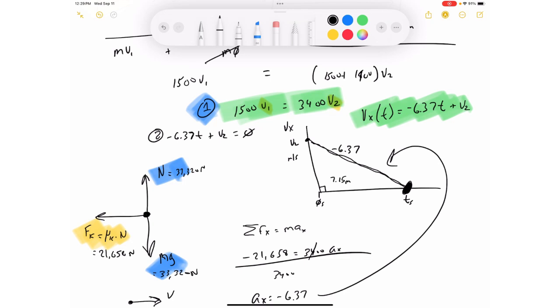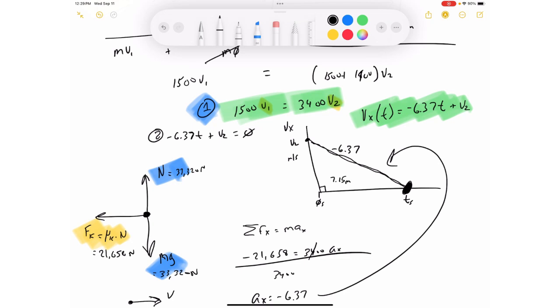So if I knew the correct time and I knew the initial velocity, t is the time that it's going to hit 0, then I would know when its speed is 0 meters per second.